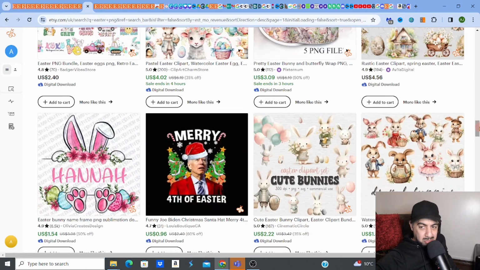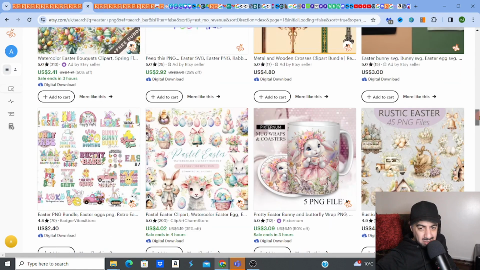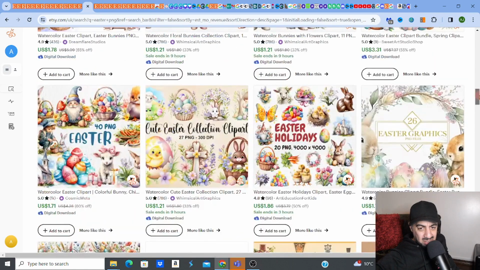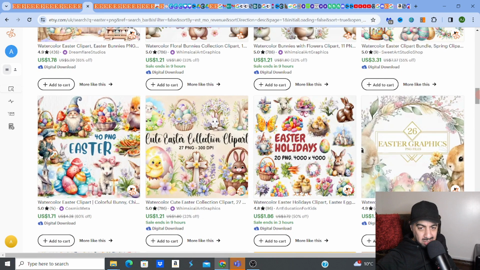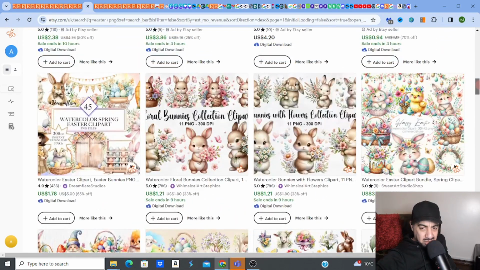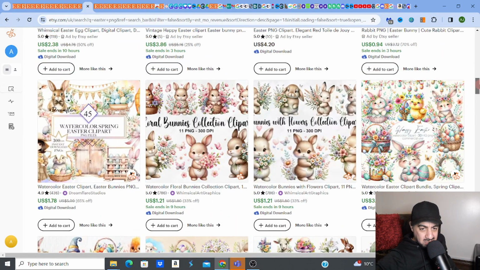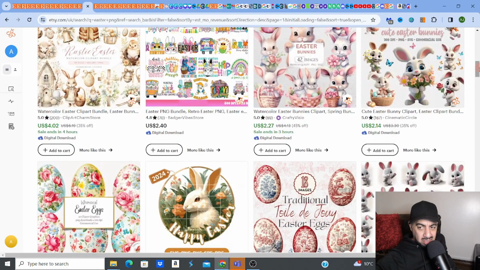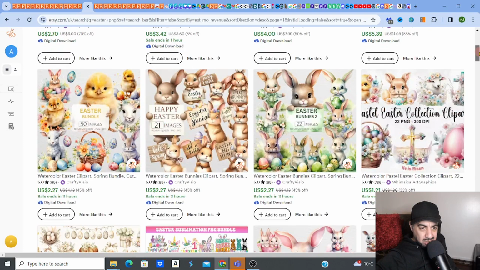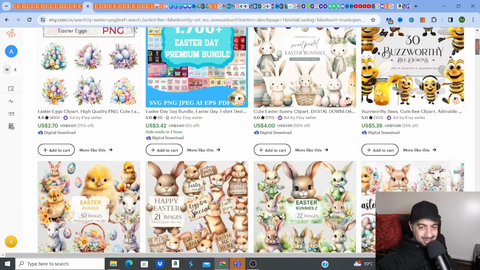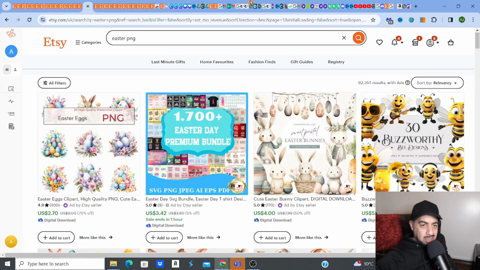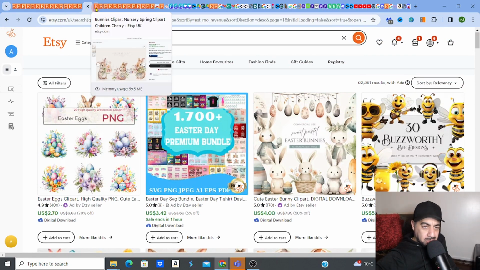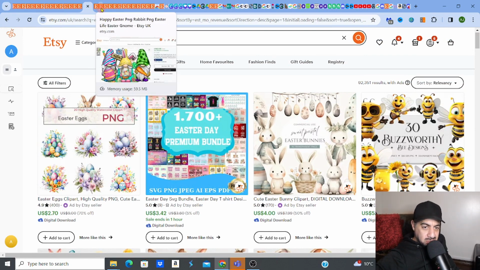And look, you see bunnies, you see flowers, you see eggs as well, and you see the baskets. So all those elements are things that people are probably searching for. So just by looking gives you ideas anyway, right? That's the thing. But then obviously you delve deeper and you start looking into these things in more detail.